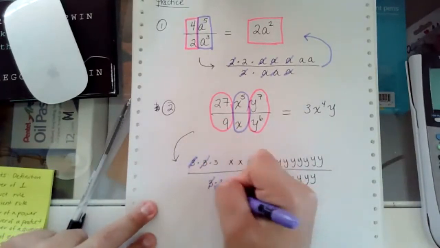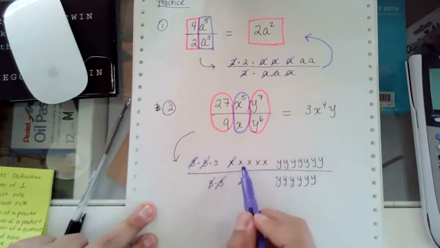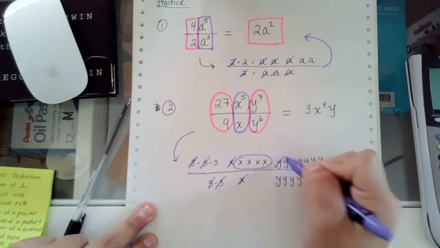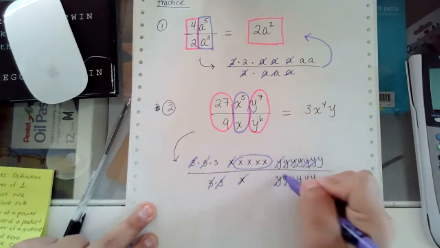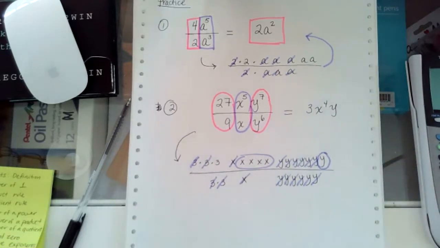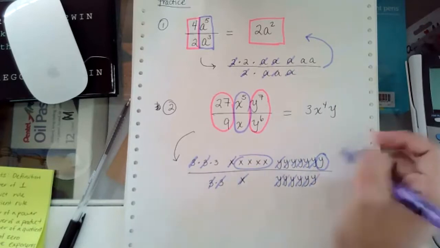Cancel these 3's. So we have 1 3 left over. Cancel our x's. So we have 4 x's left over. And then 6 y's, and we have this y left over. So 3x to the 4th power y.